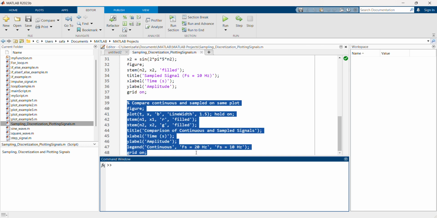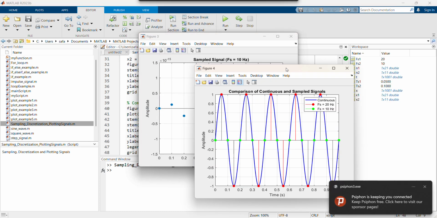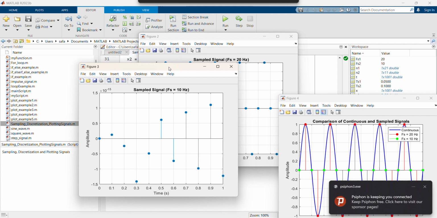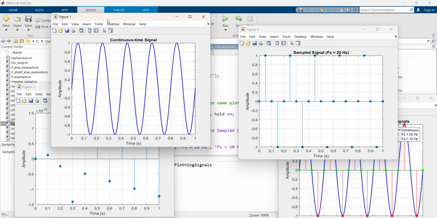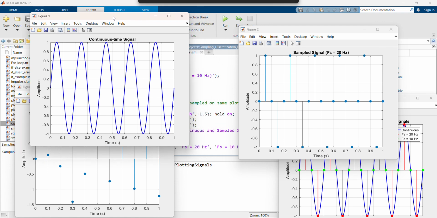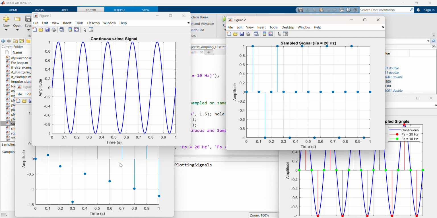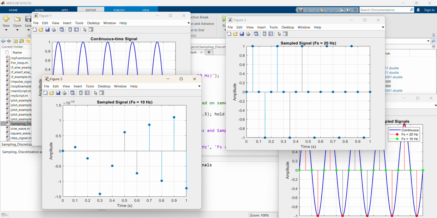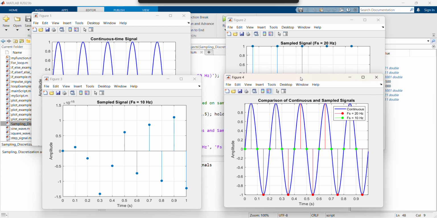And finally, we compare all three on one plot. Run. Here we have the continuous time signal, the sampled signal at 20 Hz, and here the 10 Hz, and the comparison.